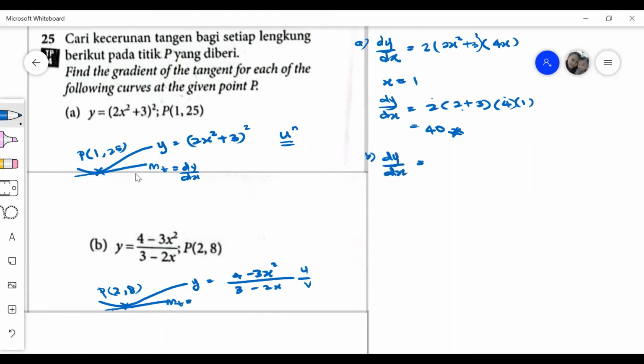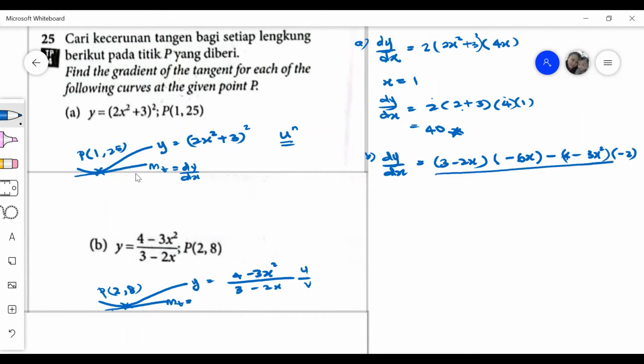will equal to stay v, 3 minus 2x, differentiate the u. So when we differentiate the u, we will have negative 6x, minus stay u, 4 minus 3x squared, and differentiate the v. So when we differentiate the v, we have negative 2.